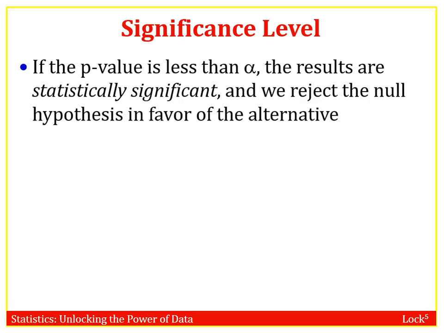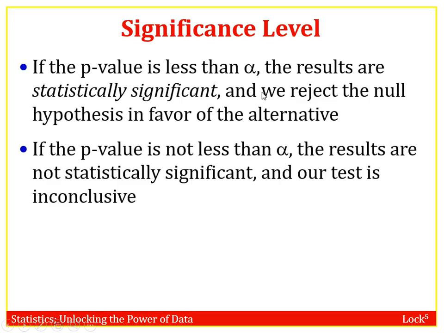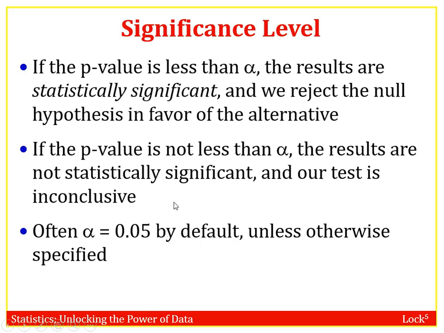Normally, your alpha, your significance level, is going to be 0.05, and that's something that you decide on ahead of time. And so once again, it's statistically significant if your p-value is less than alpha, and then you reject. If it's not less than alpha, it's not statistically significant, and you fail to reject.